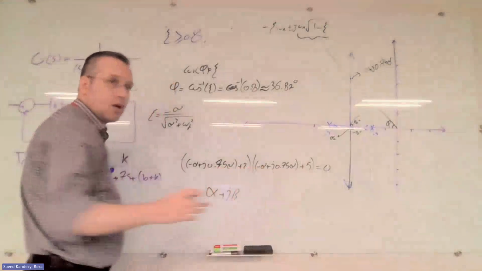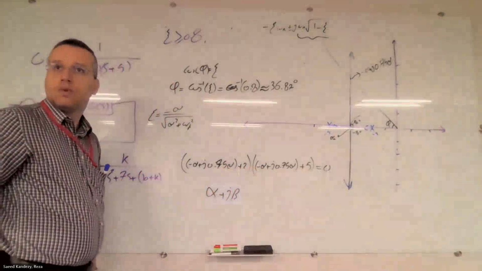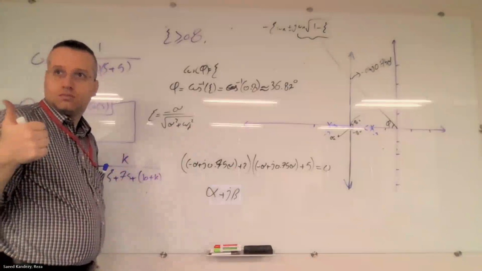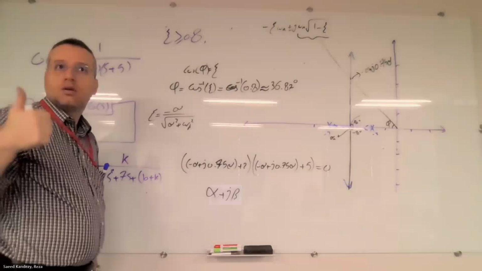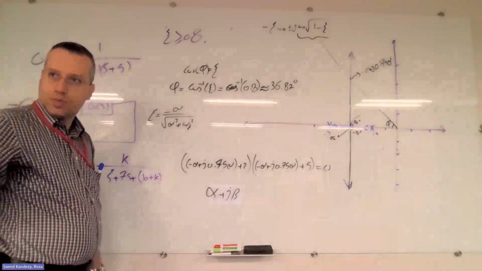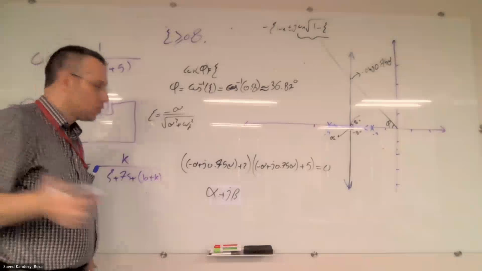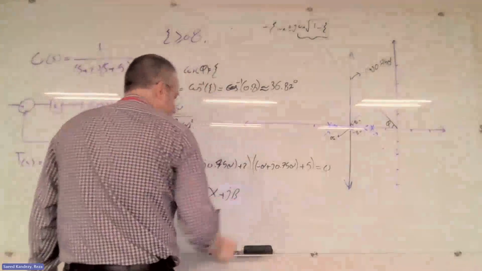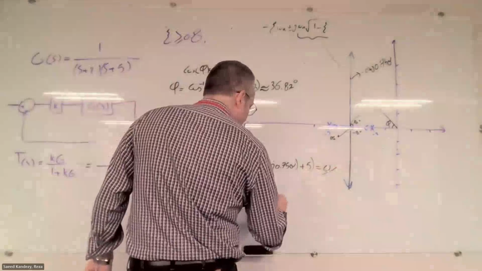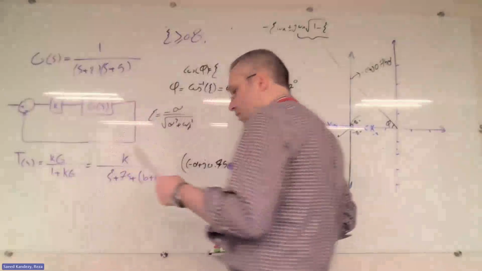This multiplication would end up in a complex number. You want that to be 0. If it wanted to be 0, both real part and imaginary part should be 0. So let's consider the imaginary part. If that's the case, that beta should be 0.